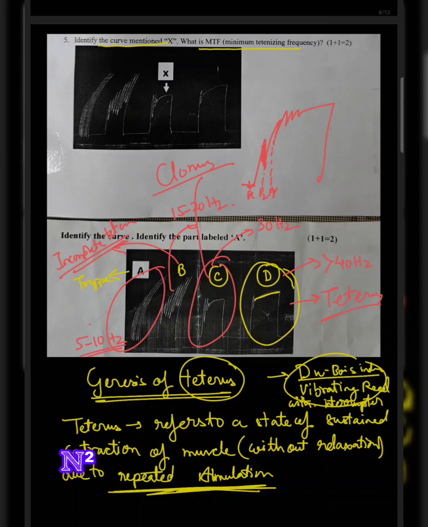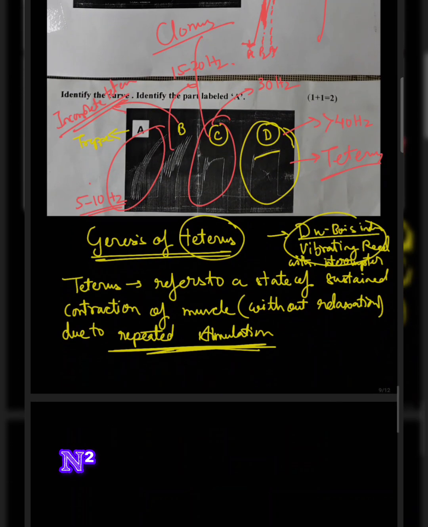As big as the muscle becomes, it will have more calcium, so it will have more time for showing you the tetanus. You might get D, E, F, G, H, so many curves. Or if you increase the temperature, you might tend to get a lesser amount of curves. The factors of MTF are many. We will discuss them one by one.